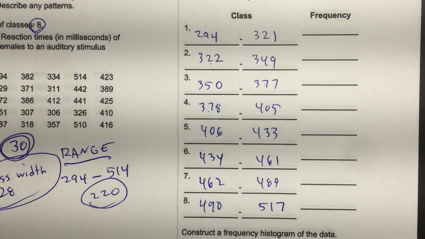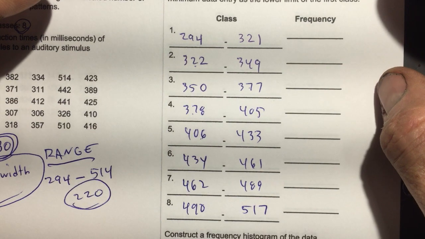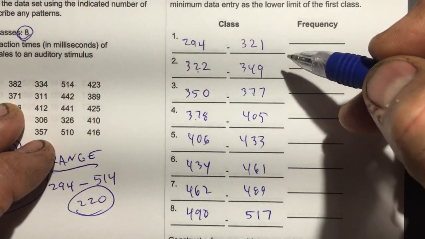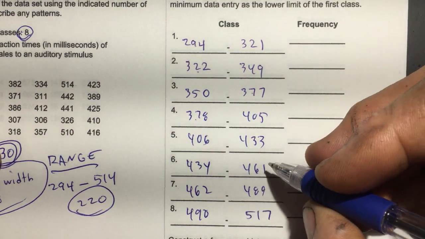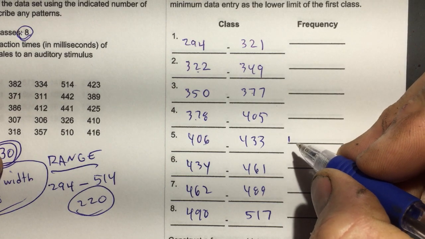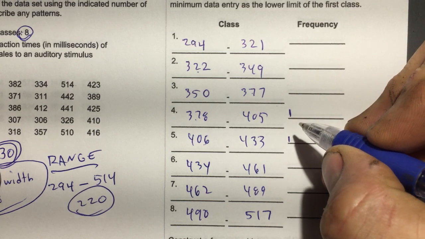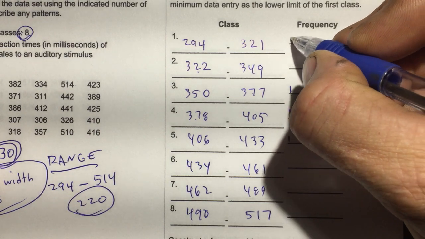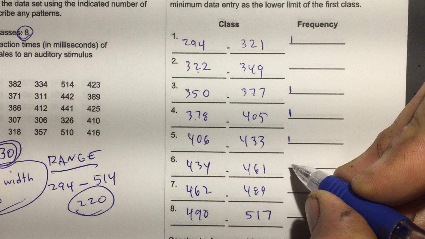Okay. Now what's my frequencies? We just go through all 30 of these and put the tally marks. Let's go 430. All right, 430 is in this one. 386 will be in that one. 351 in this one. 302 way up here. 450 right here.